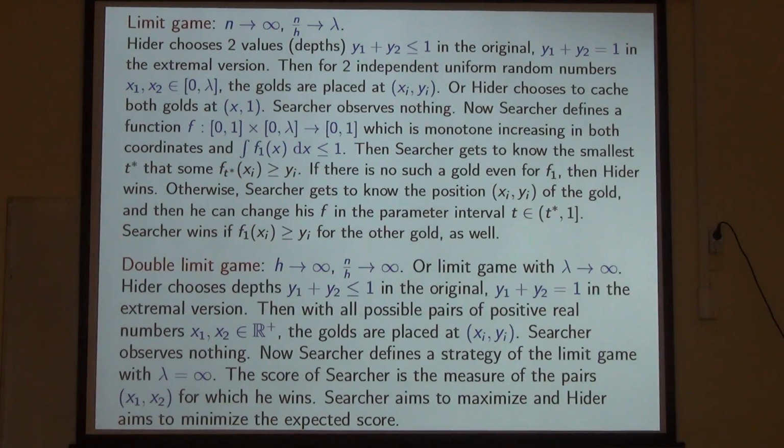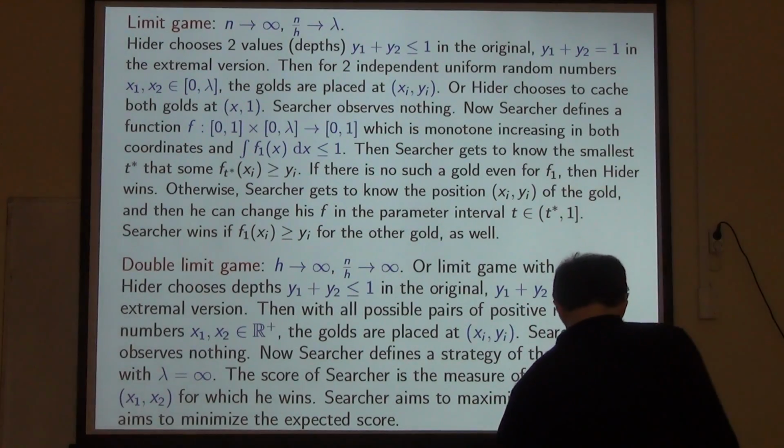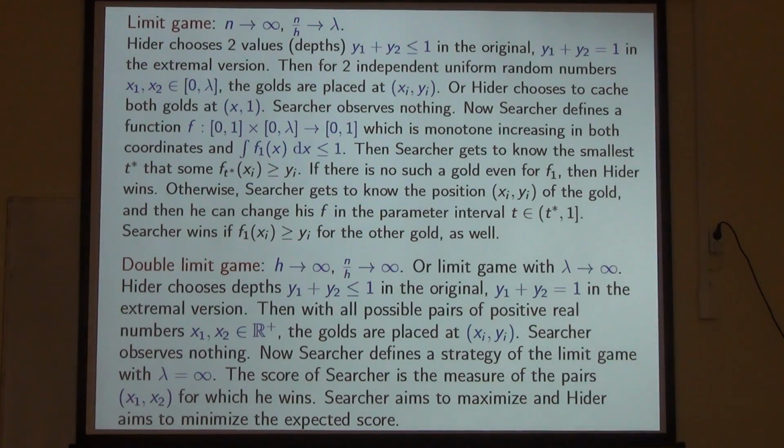So here we have a finite length interval, and the searcher has a unit of area to dig, but it turns out that if the length of this interval is larger and larger, then the searcher's strategy doesn't really change, because it doesn't really use too many holes, so it also converges to something when this interval tends to infinity.